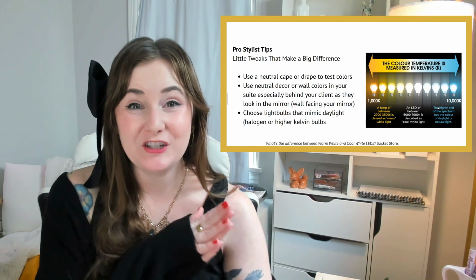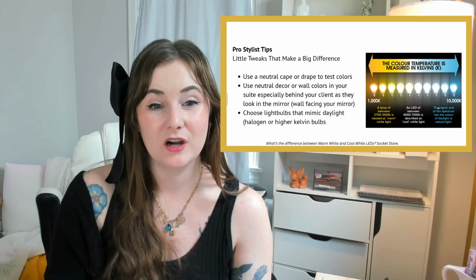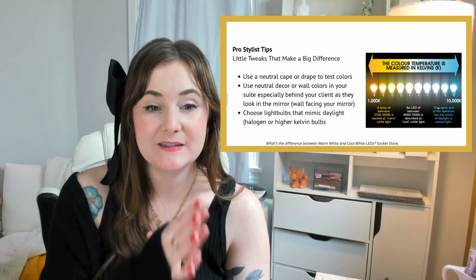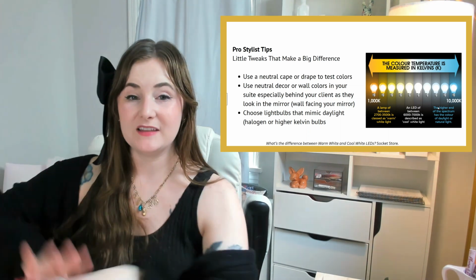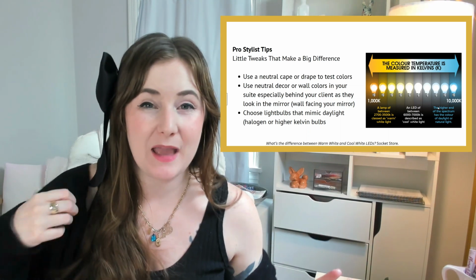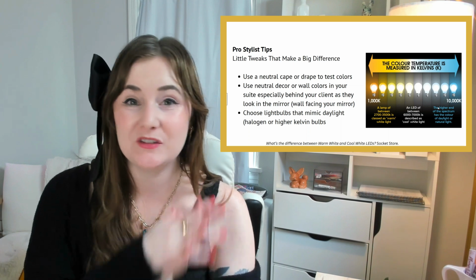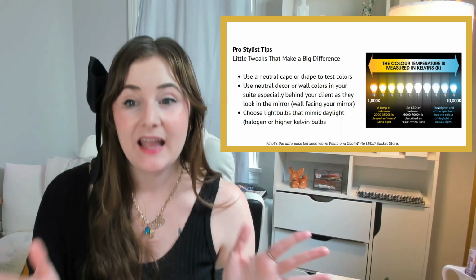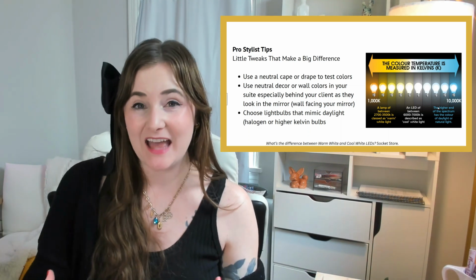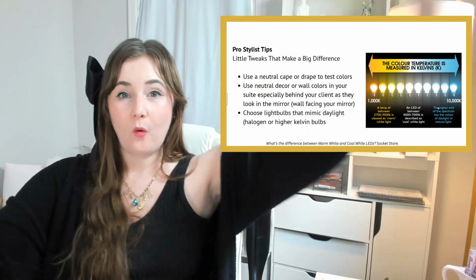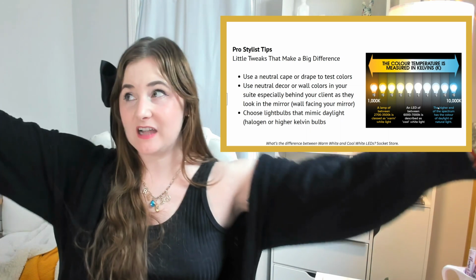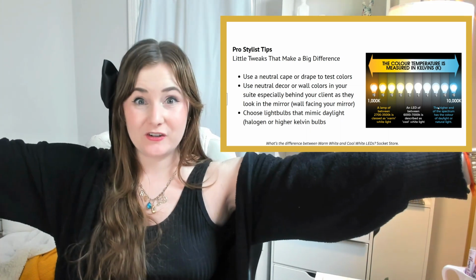It's also important to use some neutral decor or wall colors in your suite, especially the wall that's behind the mirror. If you want to do a bold color, or some really fun wallpaper, in my opinion, it would be best to add those accent walls either behind your mirror or on the walls to either side of the mirror.